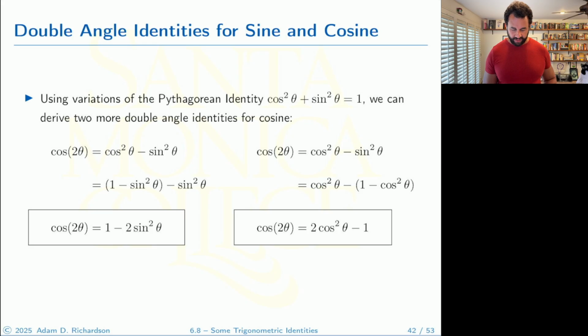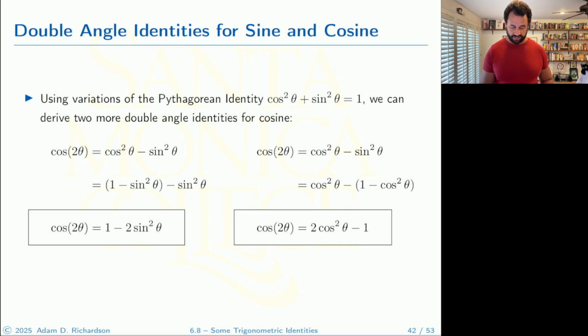So here we go. We're going to take what we know about cosine of 2 theta, and we're going to use the Pythagorean identity to re-express cosine squared as 1 minus sine squared. The reason we're doing that is because now we have a common term of negative sine squared theta, which we can combine, and we get this different expression for cosine of 2 theta, 1 minus 2 sine squared of theta.